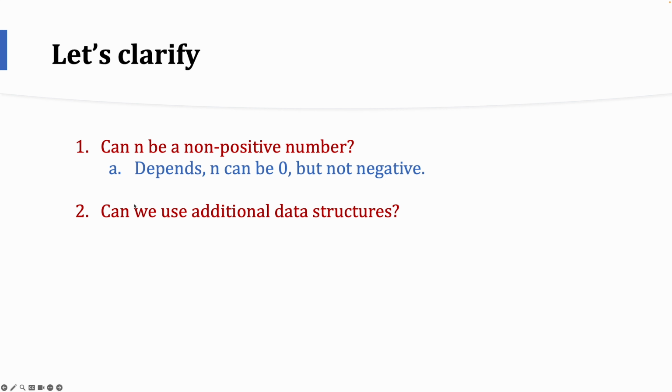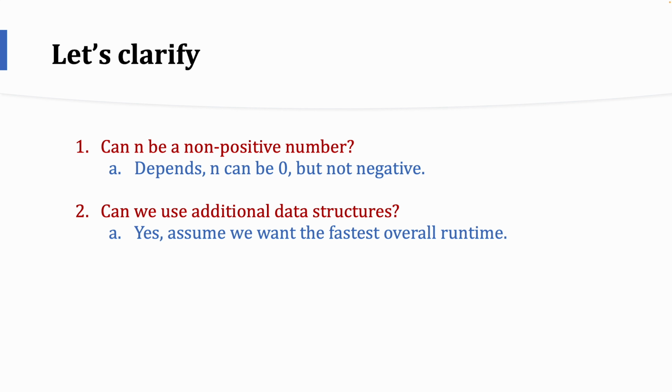Next question might be, can we use an additional data structure? Yes, assume we want the fastest overall runtime. Therefore, if you want to use an additional data structure and that's going to make things faster, by all means, go ahead.